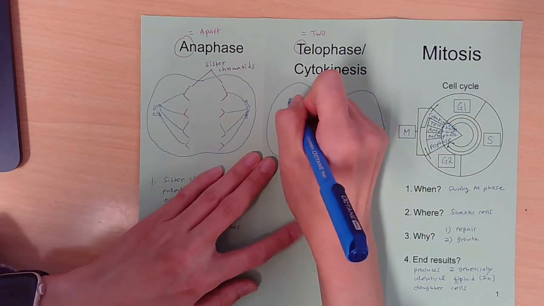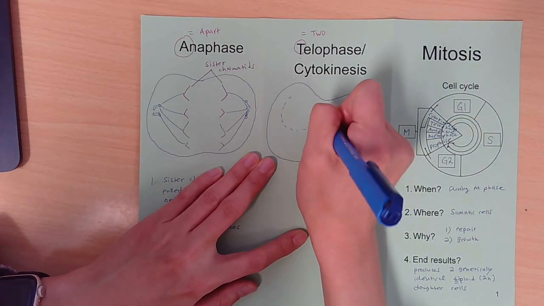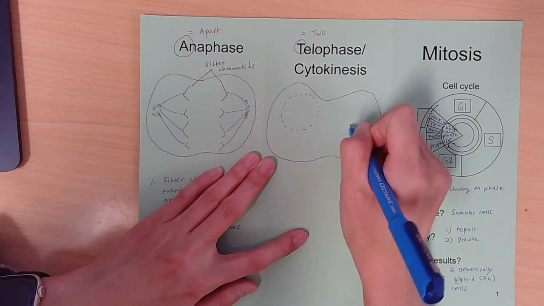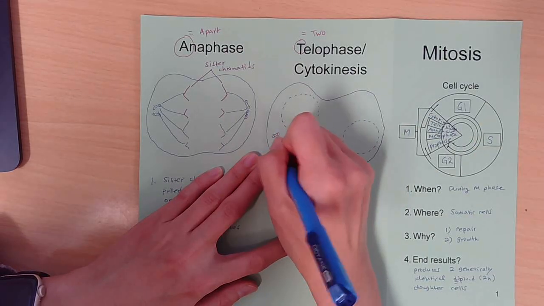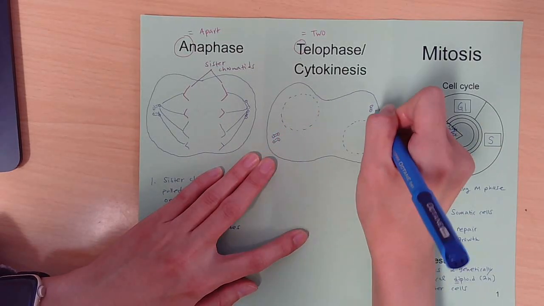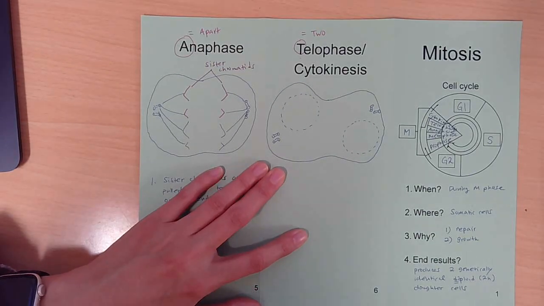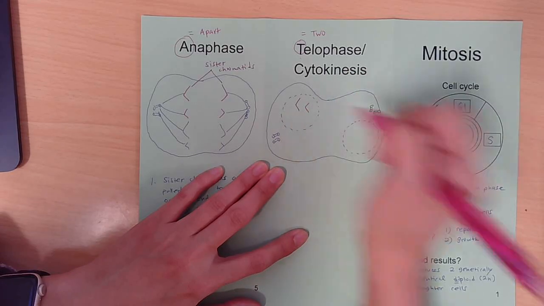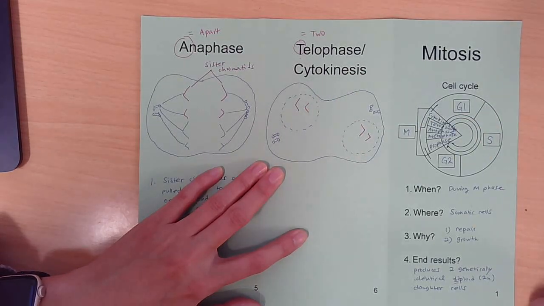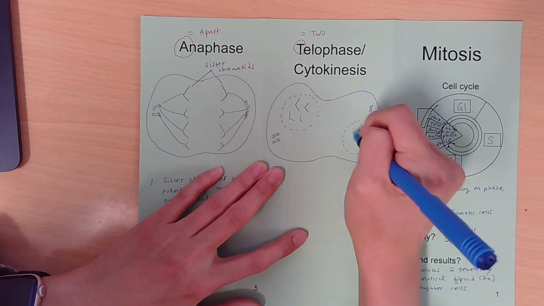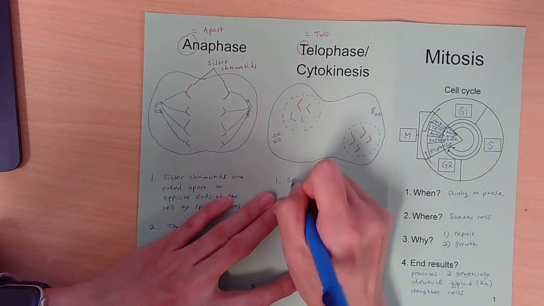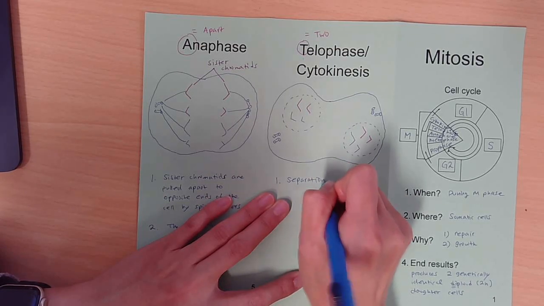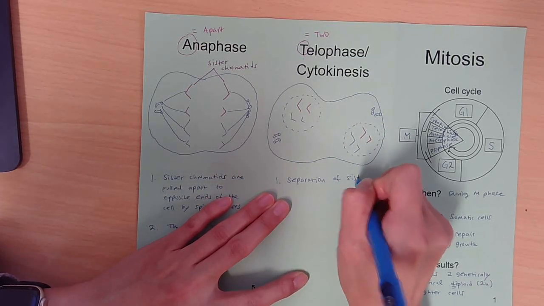And on each end of the cell, the nuclear membrane begins to reform. And the centrioles are also divided in half. And inside the nuclear membrane, we have those sister chromatids that have been separated already. So let's summarize the key events. So the separation of sister chromatids is completed.